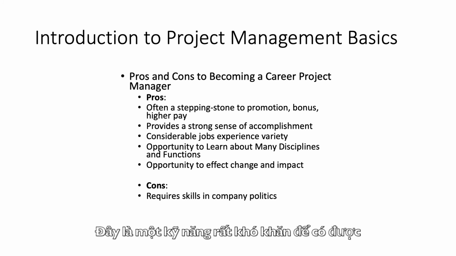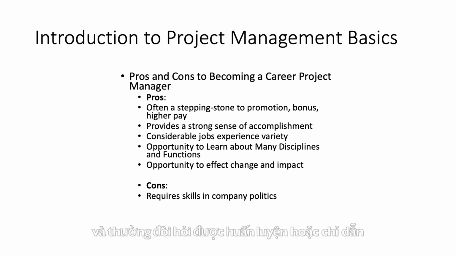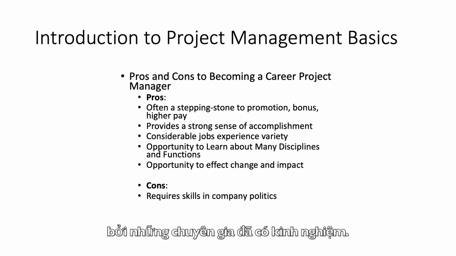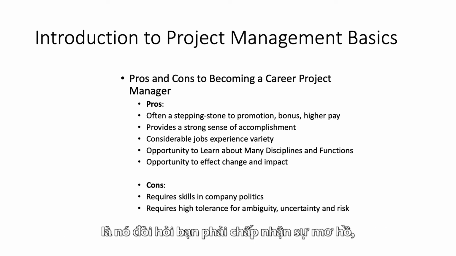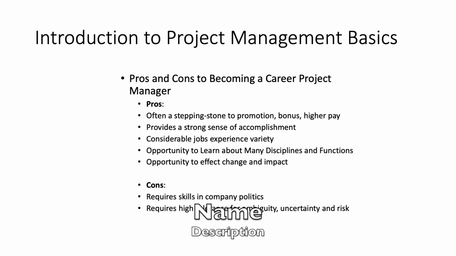This is a very difficult skill to acquire and oftentimes requires some sort of coaching or mentorship with someone who has already learned these skills. A second reason why we may not wish to become a project manager is that it requires a high tolerance for ambiguity, a high tolerance for uncertainty and risk.